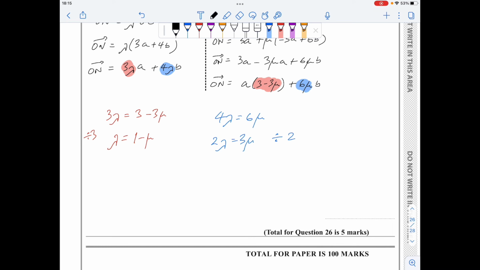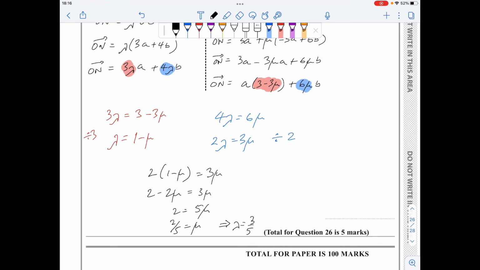And now I'm going to solve simultaneously. I'll substitute 1 minus mu in the place of lambda, so I get 2(1 minus mu) equals 3 mu, so 2 minus 2 mu equals 3 mu, 2 equals 5 mu, so mu comes out to be 2 over 5. I can find lambda using either of those two relationships. Lambda comes out to be 3 over 5.